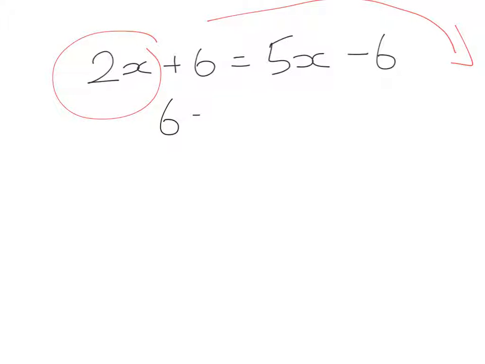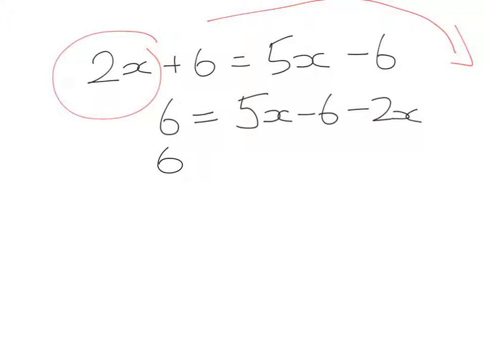So 6 equals 5x minus 6 minus 2x. So my 6 has stayed the same, equals has stayed the same, 5x has stayed the same, minus 6 has stayed the same. 2x has moved over and changed its job.